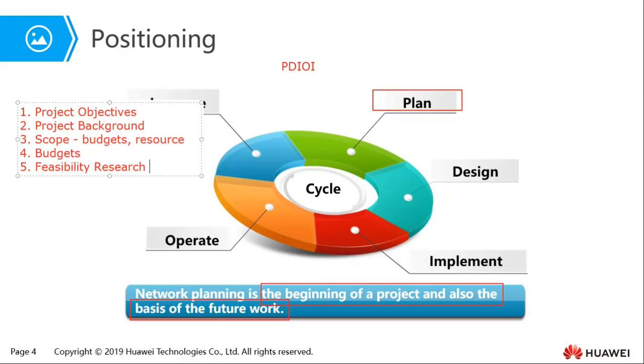So that's why we are doing this feasibility research in order to get a clear picture of the technological direction that we're going to follow, and to also have a look at the return on investment and the probability of the project success. So planning is what we are beginning with right now.